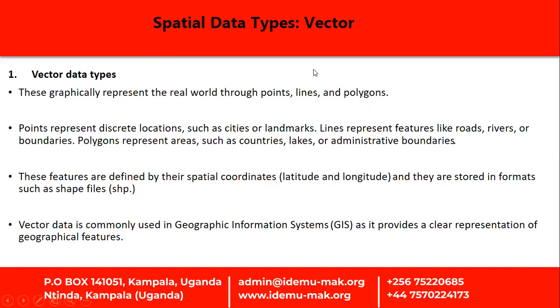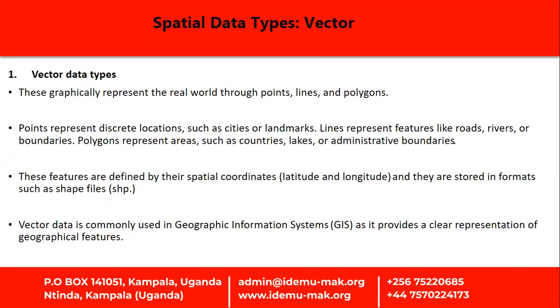Do people have a Google Map app? If you have it, then you can open it so that you can clearly understand what I'm talking about. And then for polygons, we have points, and when these points are joined together, we have lines, and when these lines are joined together, we have polygons.